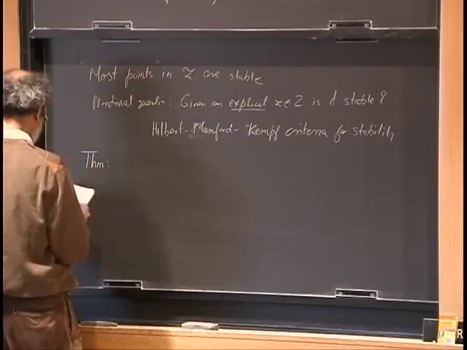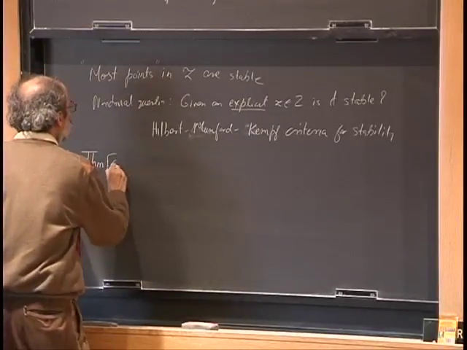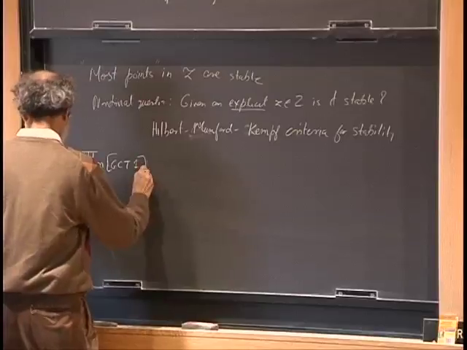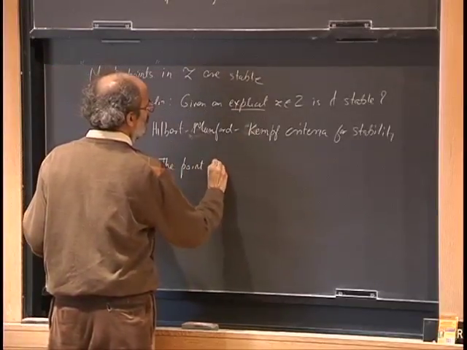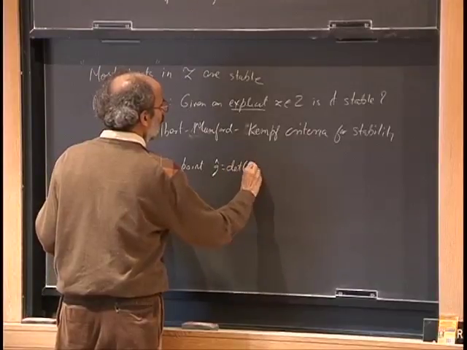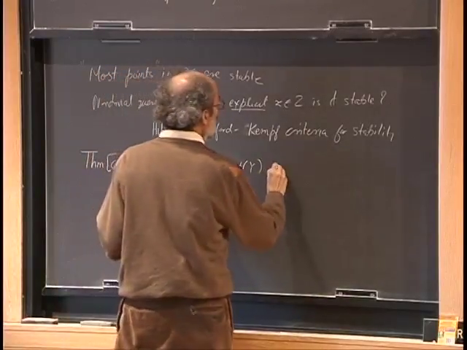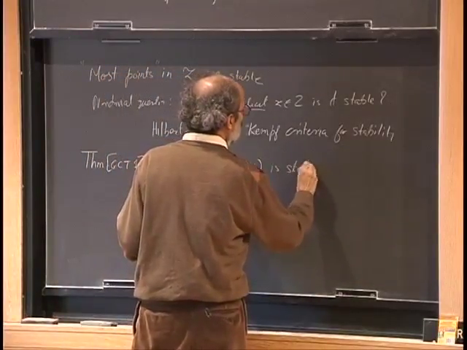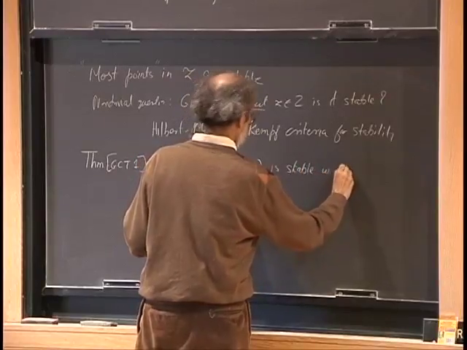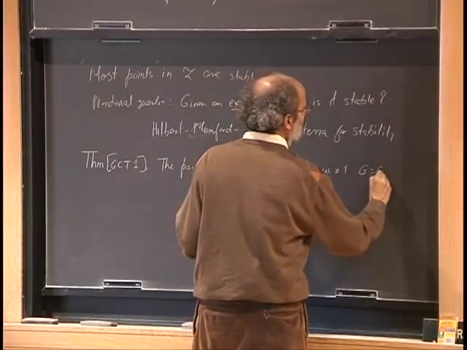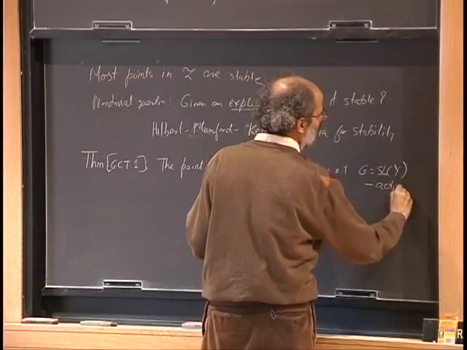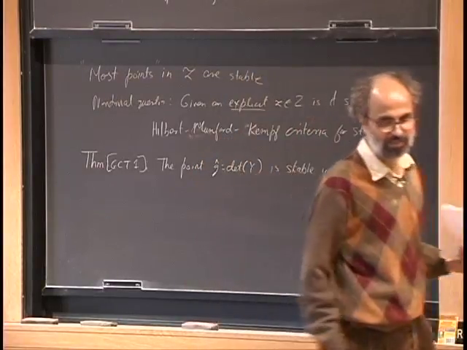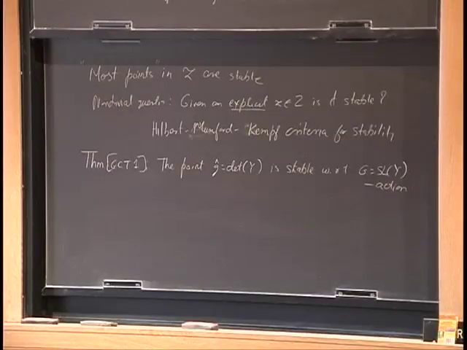Using this one can show the following, which is shown in GCT1, that the point g hat equal to determinant of y is stable with respect to g equal to SL(Y) action. It is important here to take SL(Y), because if you took GL(Y), then obviously it is going to contain 0 and it is not stable.